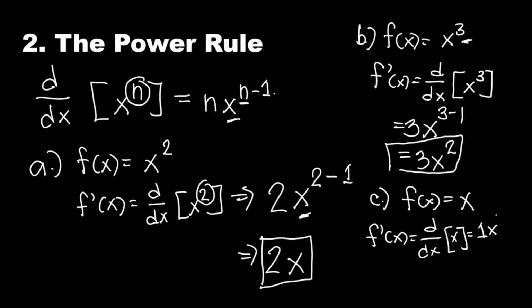X raised to 1 minus 1. Therefore, we have 1 times x raised to 0, which means any number that is raised to 0 is 1. So therefore, 1 times 1. So our final answer is positive 1. So the derivative of x is 1.